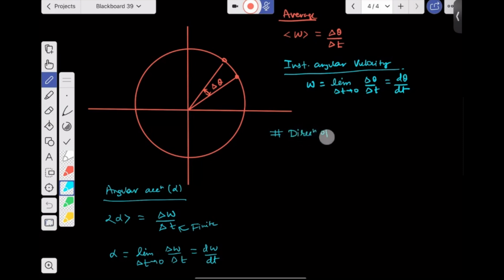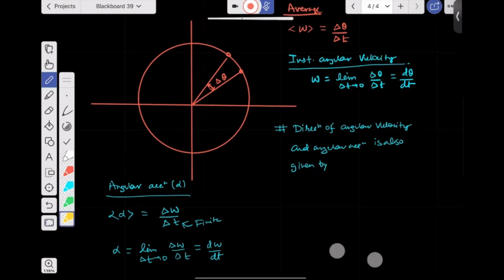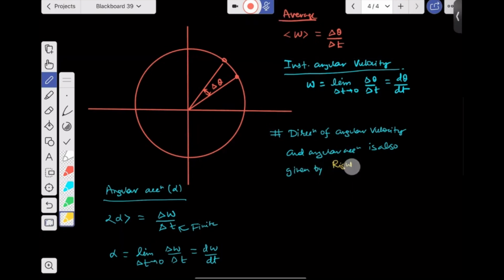Now the direction of the angular velocity and angular acceleration is also given by the right hand rule. Suppose I have a particle undergoing circular motion in an anticlockwise sense, and I observe it from somewhere on the plus z axis side.